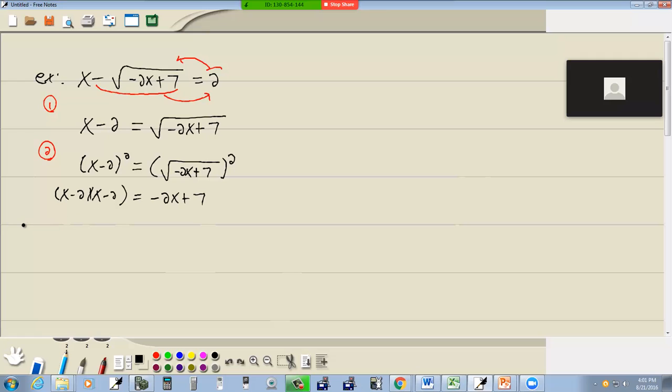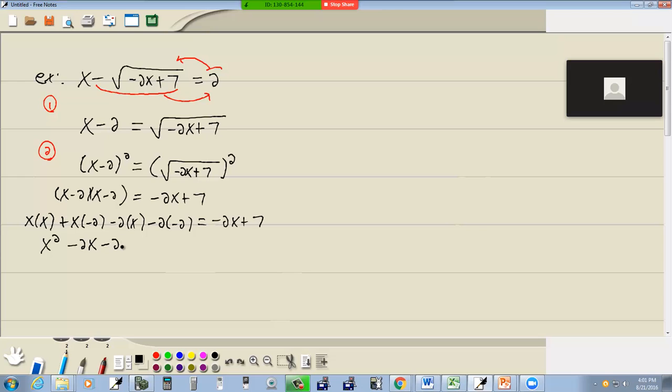Now if I FOIL these, x times x, first terms, plus x times negative 2, that's the outer terms. Negative 2 times x, that's the inner terms. And negative 2 times negative 2, that's the last terms. And the right side carries down. So we got x times x, which is x squared, x times negative 2, negative 2x.